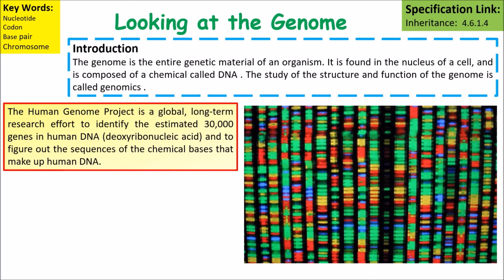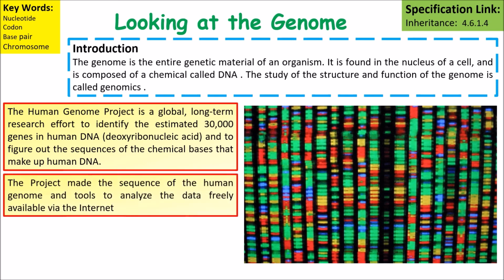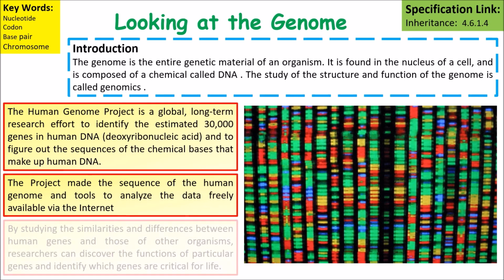The Human Genome Project is a global long-term research effort that was used to identify an estimated 30,000 genes from human DNA, and probably more now, and to figure out the sequences of chemical bases that make them up. The project made the sequence of the human genome and tools to analyze it freely available across the world via the internet, so many people could use it.